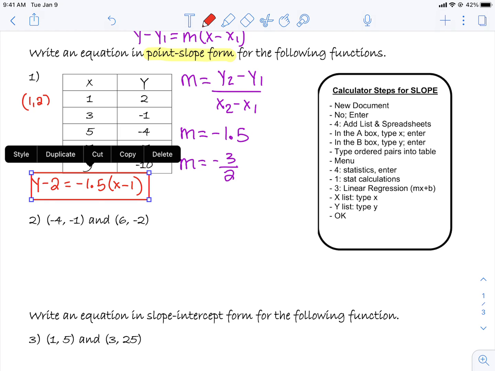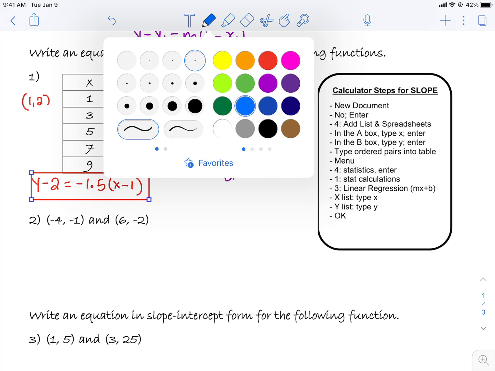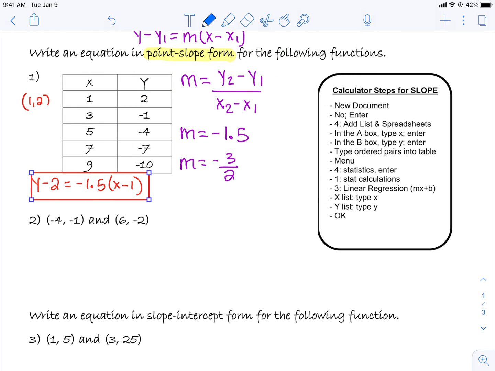Then I'm going to show you a different one just to show you it doesn't matter. They're all going to be the same in the end. So I want to use the point, let's do (5, -4). Again, I'm going to use this slope. So I have y minus -4 is equal to -1.5 times x minus 5.